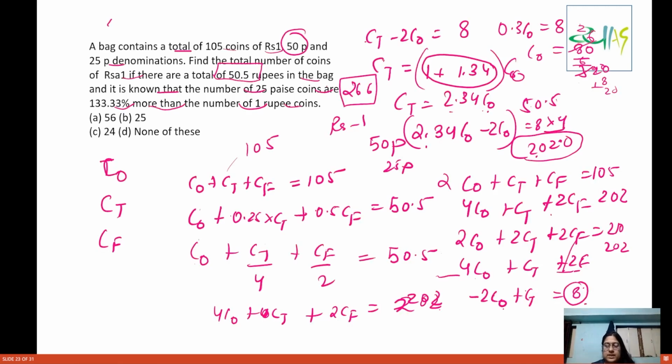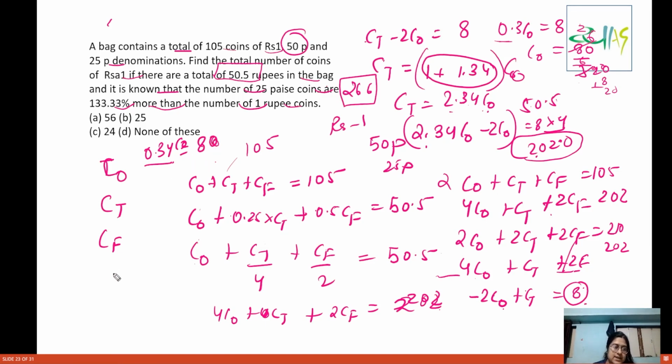See students, in this question I am getting this as 26. But see, I have taken only 0.33, whereas it is 0.34. So 0.34 times of CO. So see what you can do here.